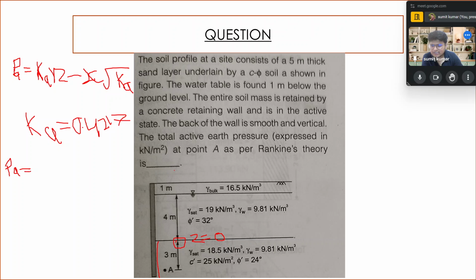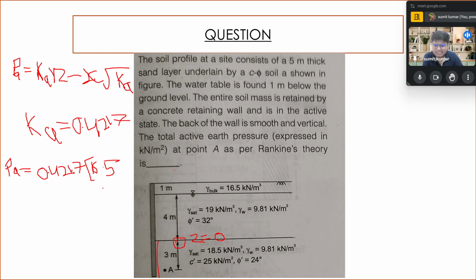we write 0.4217 multiplied by the upper weight, which acts as a surcharge for this case. So 16.5 into 1, that is 16.5 itself.